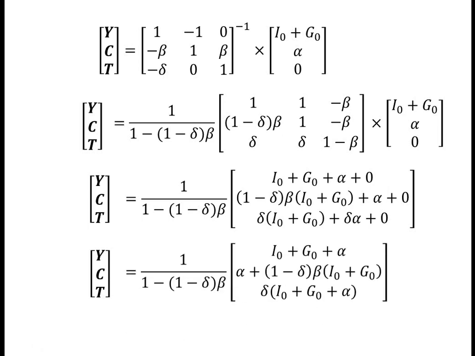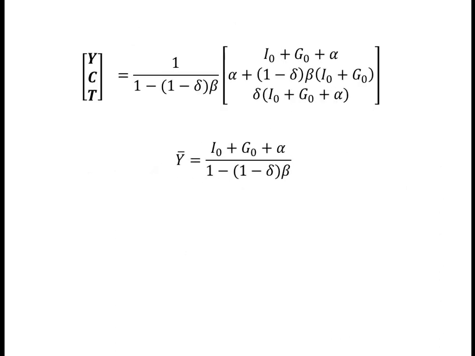Finally we get the equilibrium value of Y, that is income, Y bar, equal to I naught plus G naught plus alpha divided by 1 minus delta into beta.